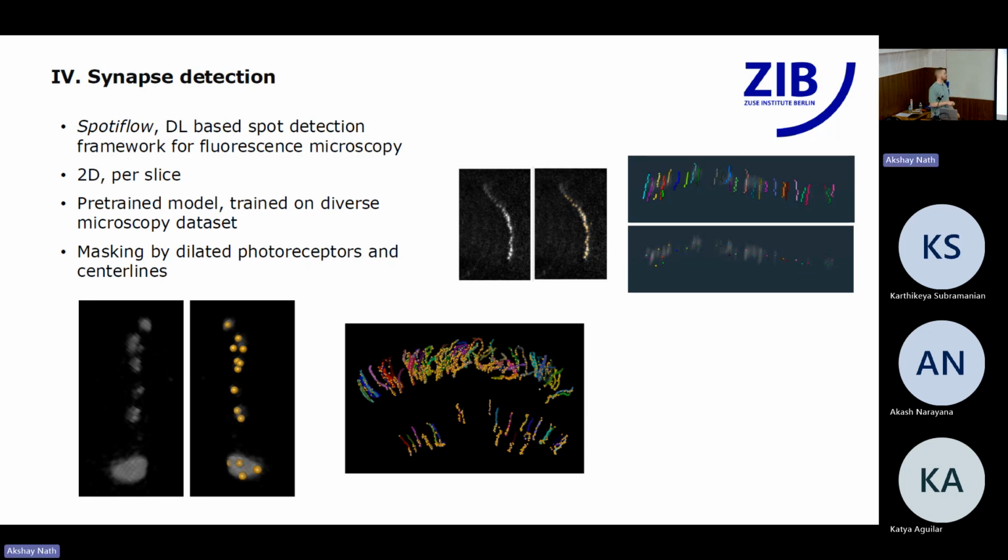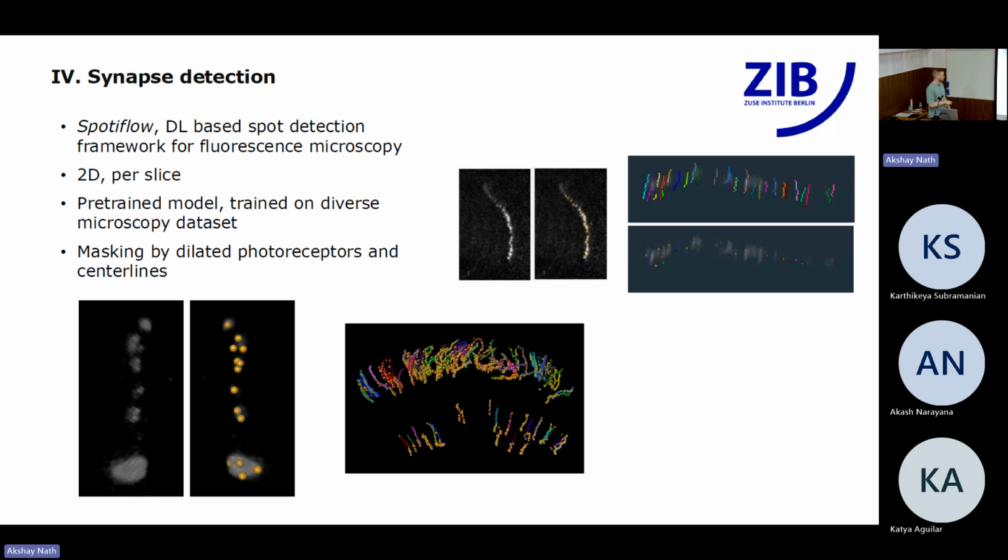Because we use the pre-trained model, it can happen that we pick up some noise that is not located even near the neuron, and we don't want this in our analysis. So we mask these predictions with photoreceptors, because we know that the synapses should be located within the photoreceptors.